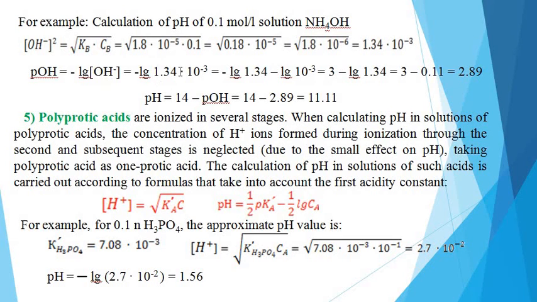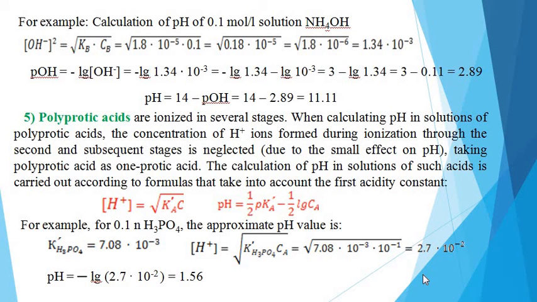Instead of the OH concentration, we write the value 1.34 multiplied by 10 to the minus 3, and it's found 2.89. Knowing pOH, it's possible to find pH. It's equal, from the calculation, to 11.11.